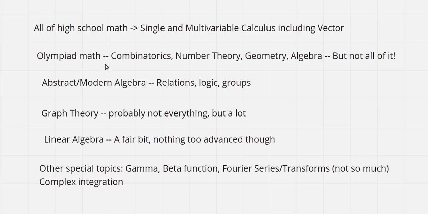Next up is Olympiad Math, and usually this covers the four main topics of combinatorics, number theory, geometry, and algebra. Now, that is to say, I do not know everything, because combinatorics and number theory especially branch into a lot of advanced topics once you get into college that I don't know.